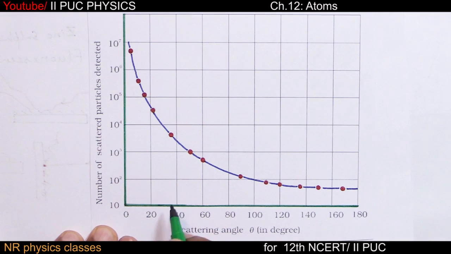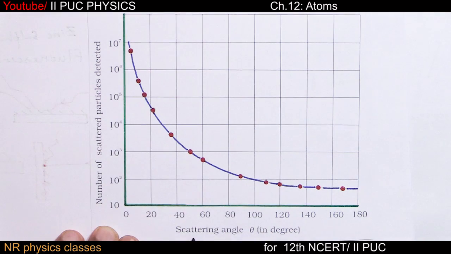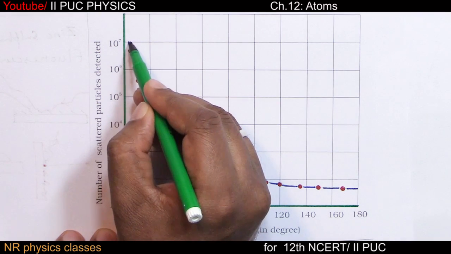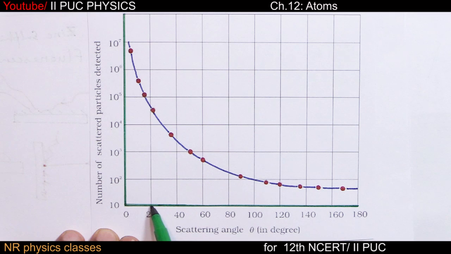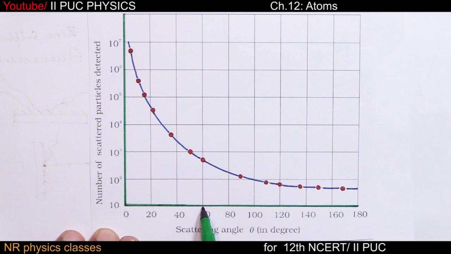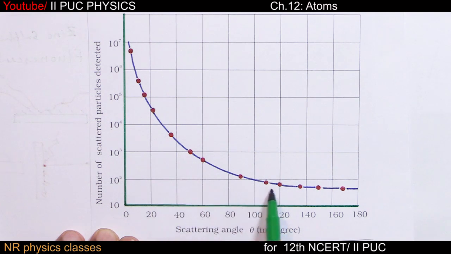Now let us see the graph of number of scattered particles versus scattering angle. So at 0 degree, maximum number of particles. At 20 degree, the scattered alpha particles are less. With the increase in angle, the scattered alpha particles decrease. So at 180 degree, there is a small number.